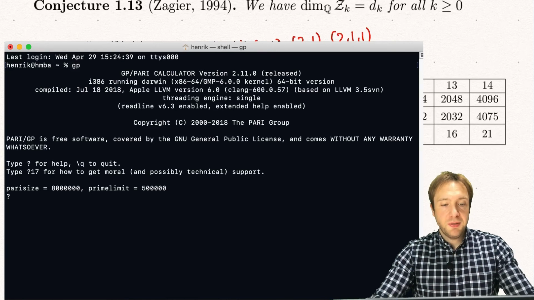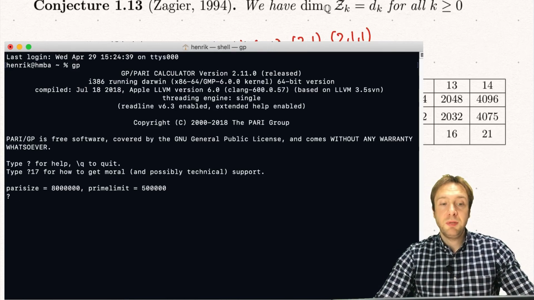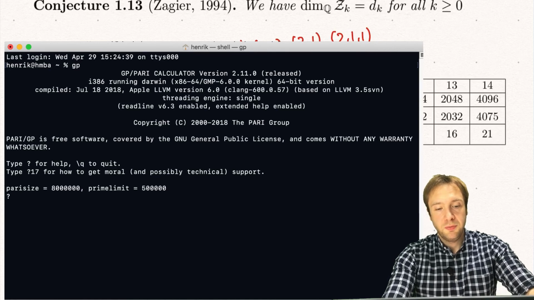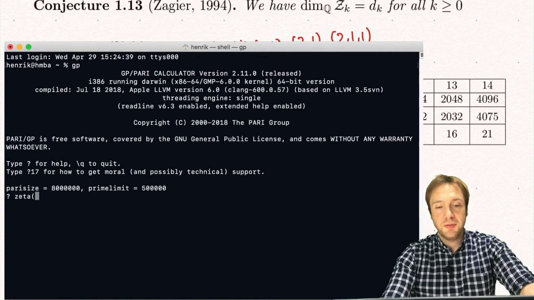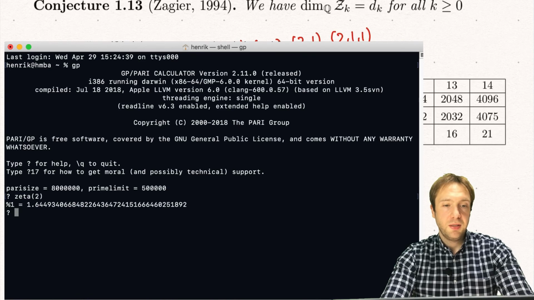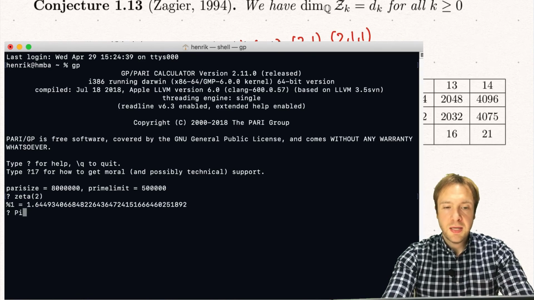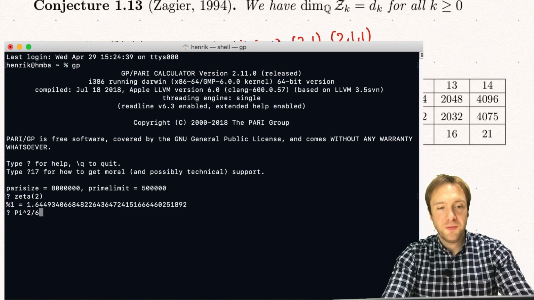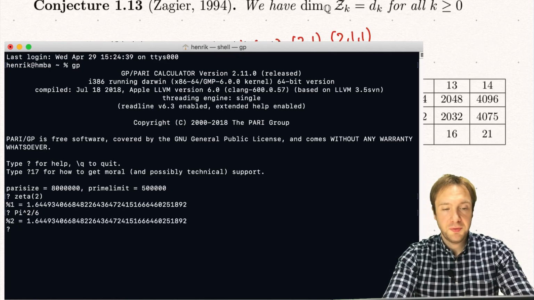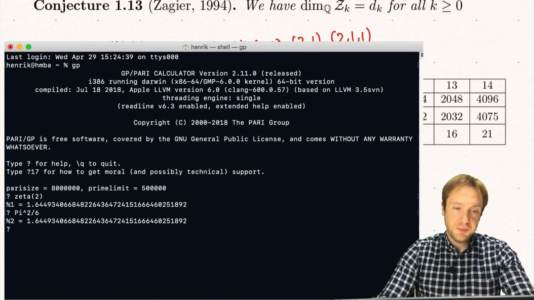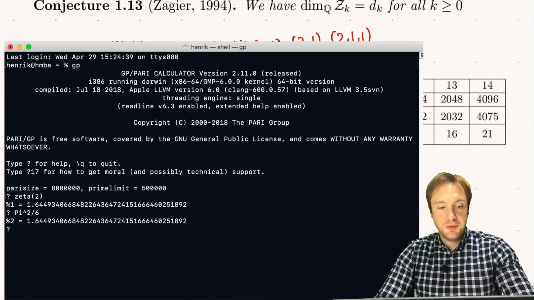In PariGP, these multiple zeta values are implemented, and also, for example, the Riemann zeta function is just zeta. If you type in zeta(2), then you get this number, and pi is given by Pi, and Pi squared over 6 gives the same number. So this is the equality that zeta(2) equals pi squared over 6.